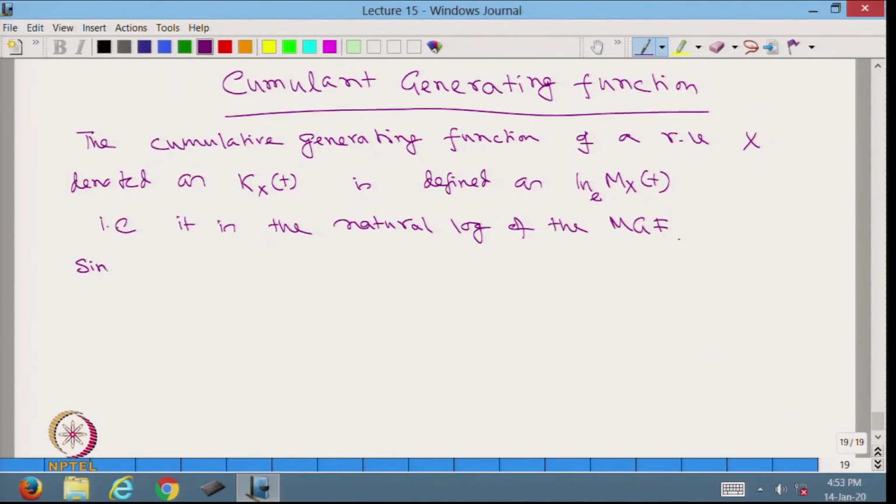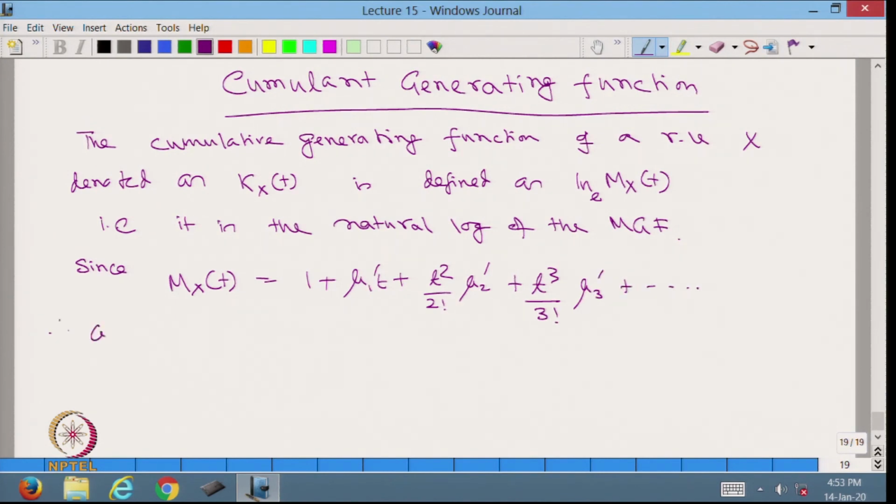Since M_X(t) is equal to 1 plus mu1 prime t plus t square upon factorial 2 mu2 prime plus t cube upon factorial 3 mu3 prime, like that.